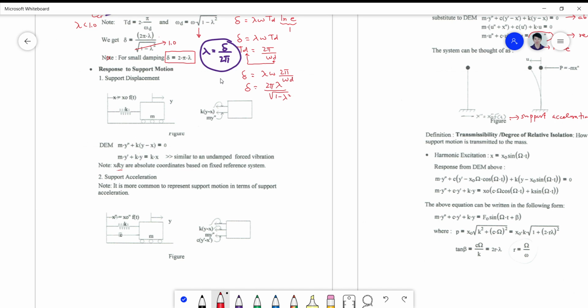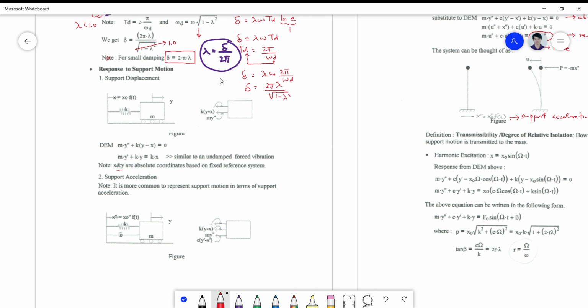Okay, let's continue our discussion on response to support motion. This response to support motion is actually the basis of earthquake engineering, since all ground shaking may be considered as support motion.